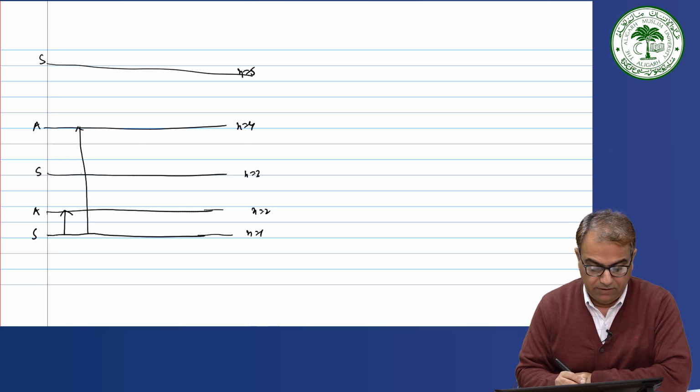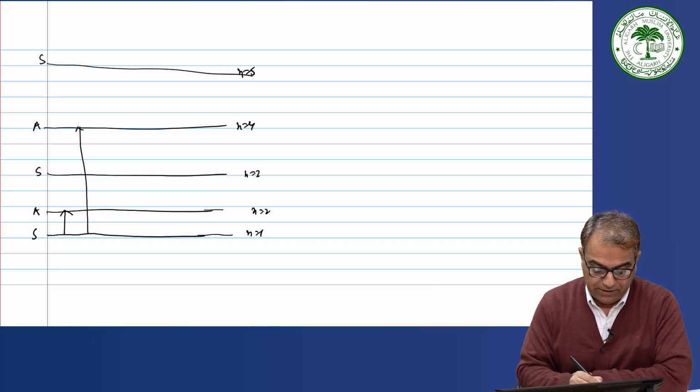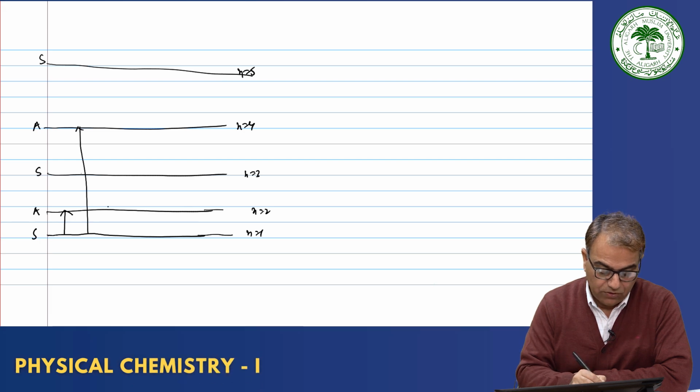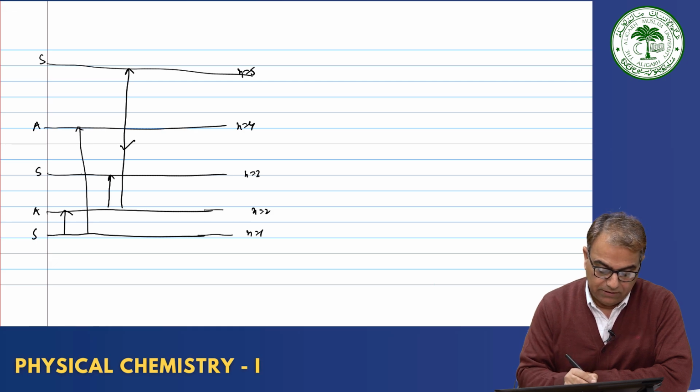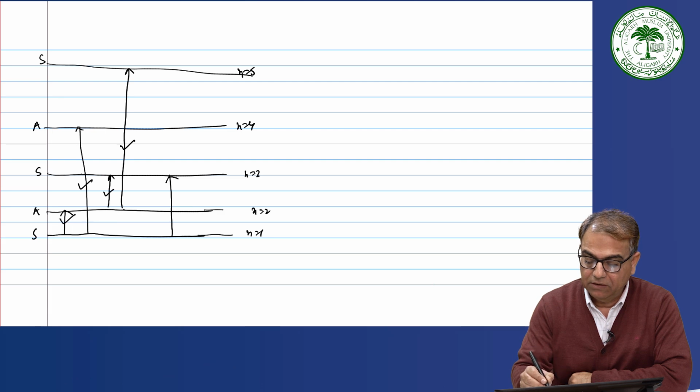What else? Can this go to this one? No, it will not go. But this can go to this one, and this can go to this one. Because this is antisymmetric, this is symmetric. So all these transitions are allowed transitions.